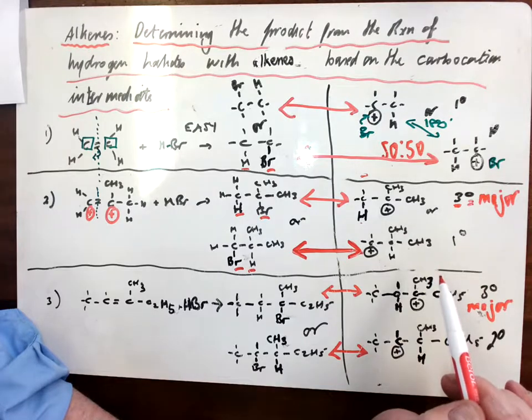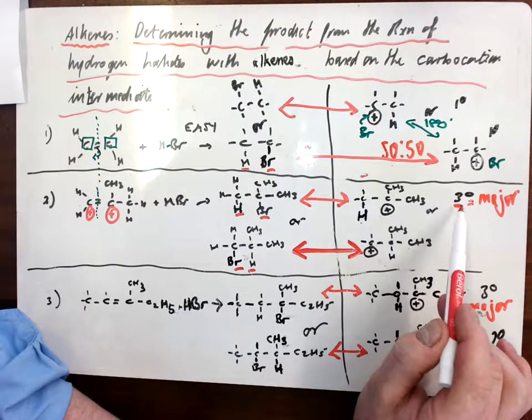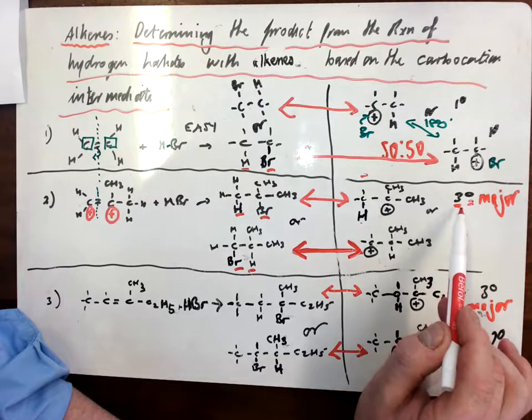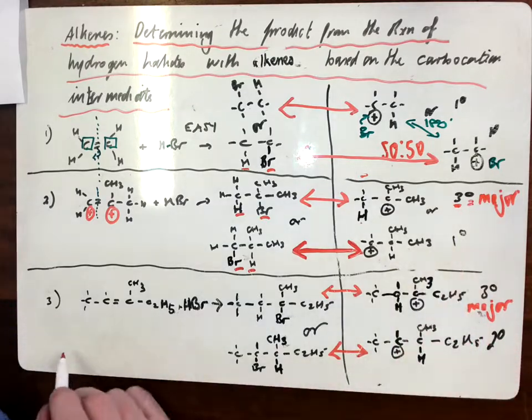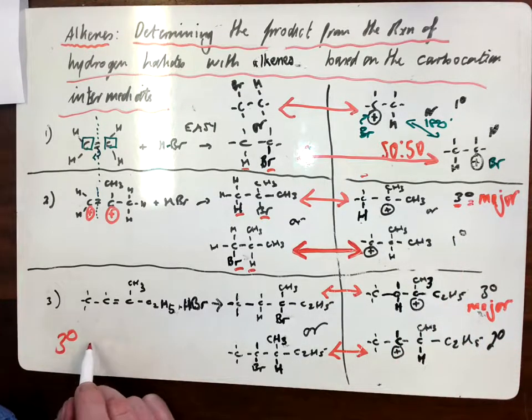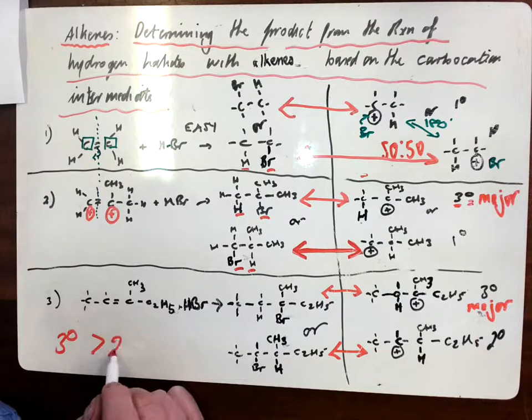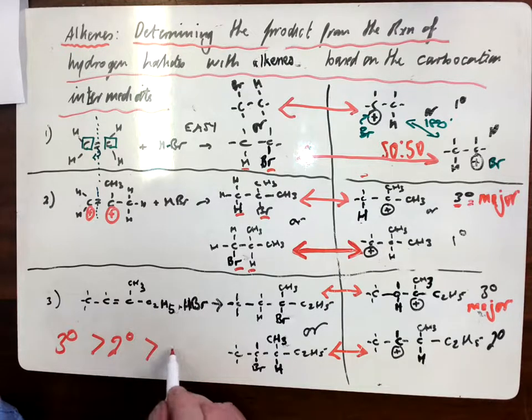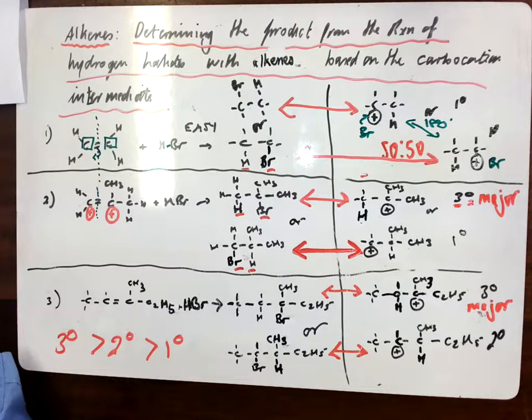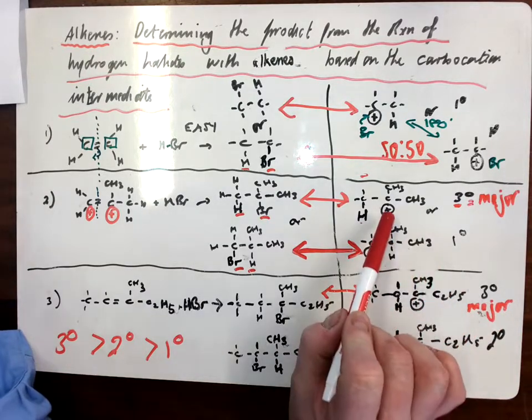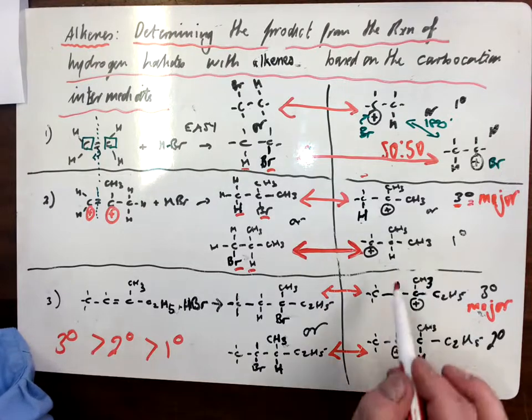Now, the basic rule is that tertiary carbocations are the most stable of the lot. Secondaries are second most stable, and primaries are the least stable. And really all we're saying there is that it takes less energy to make a tertiary carbocation than to make a primary.